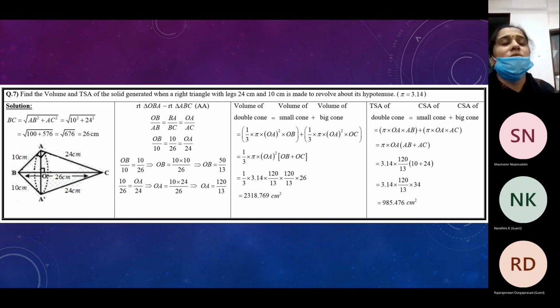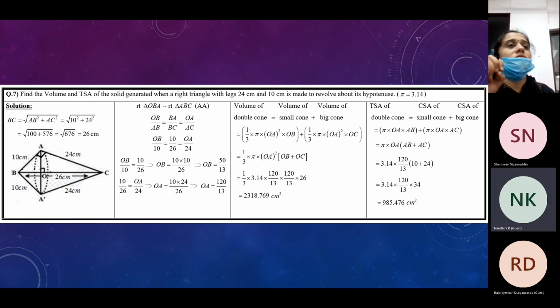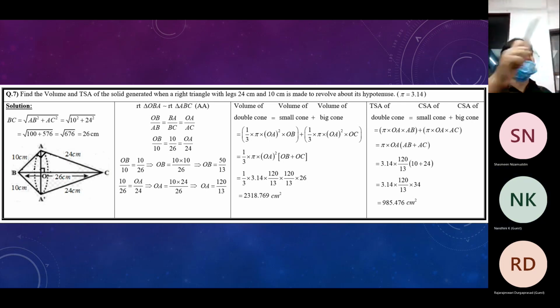What's the formula to find the volume of a cone? One-third pi r square h, ma'am. Very good, Nandini. Now, the CSA of a cone, the formula to find the CSA of a cone.